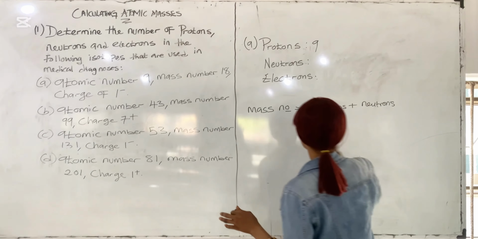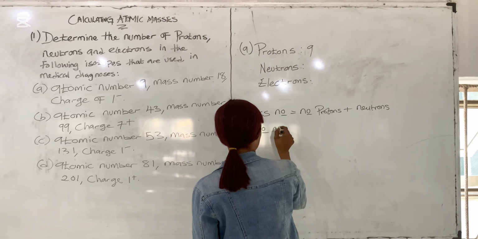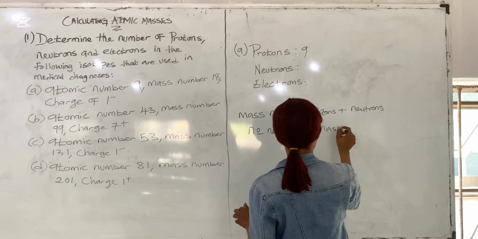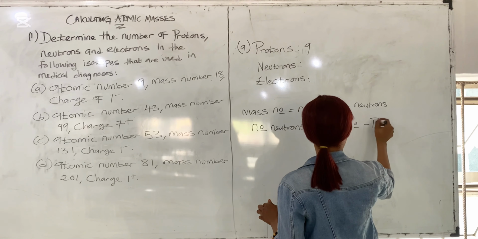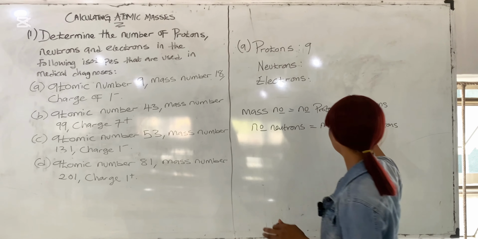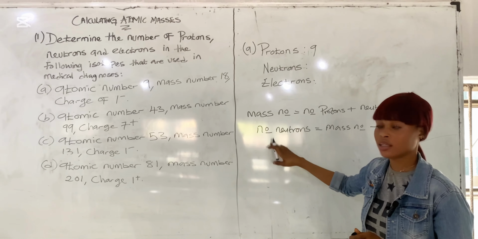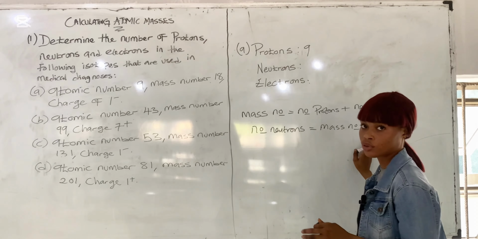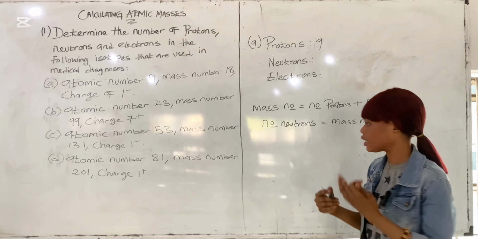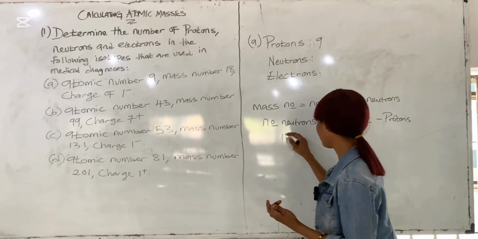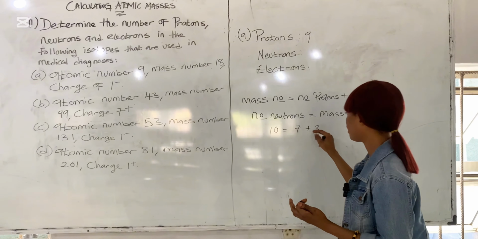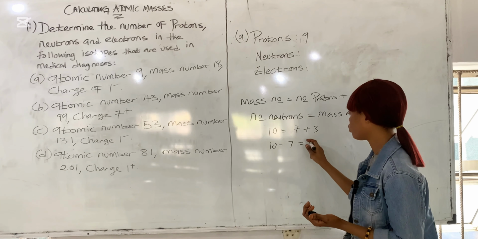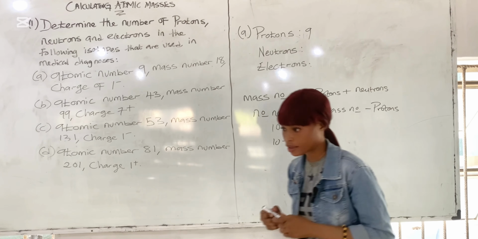That is to say that number of neutrons will be equal to mass number minus number of protons. So you make the number of neutrons the subject of the formula. In case we don't understand that, for example, if they tell you 10 is equal to 7 plus 3, and then you are asked to find 3, how do you find 3? You simply say 10 minus 7 equals 3. I hope we understand that.